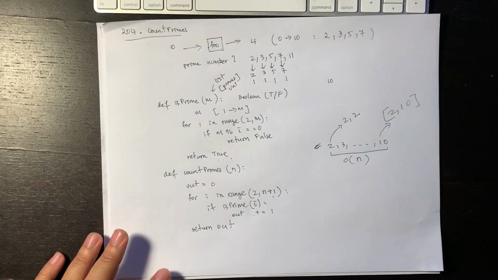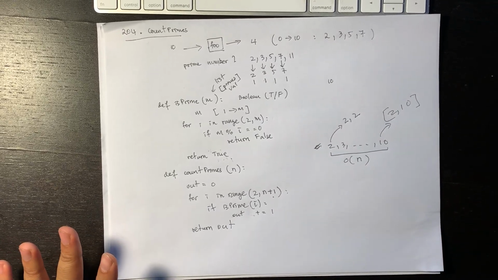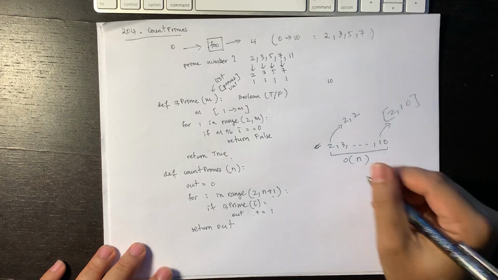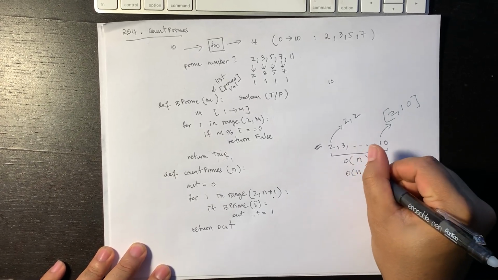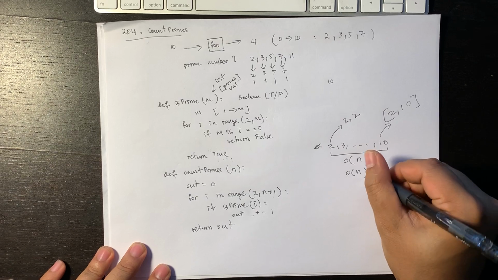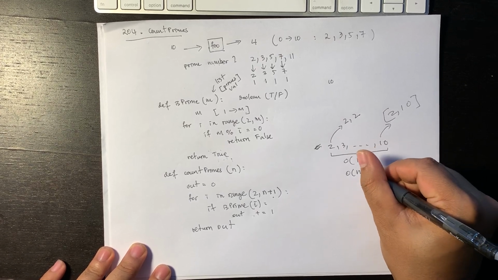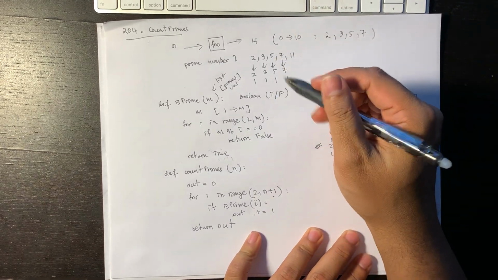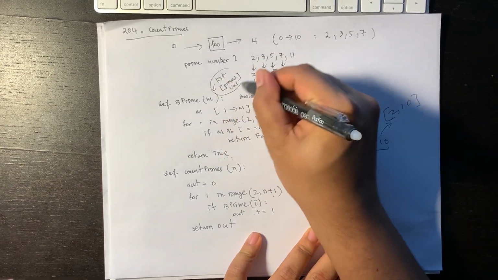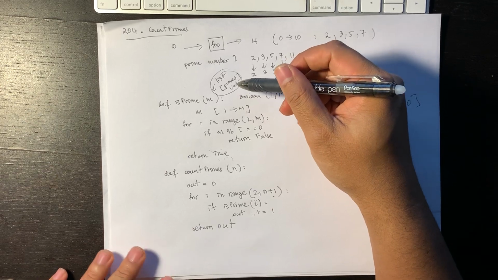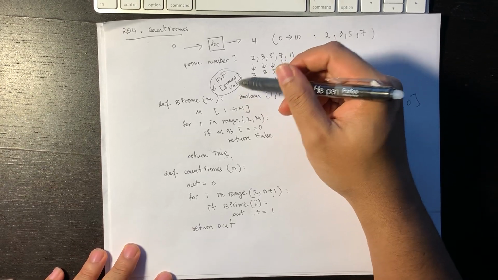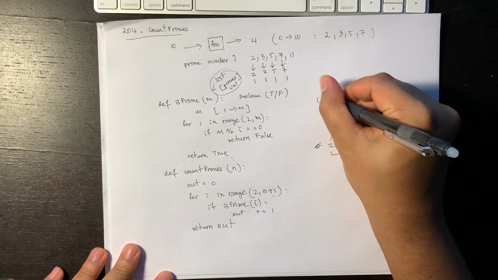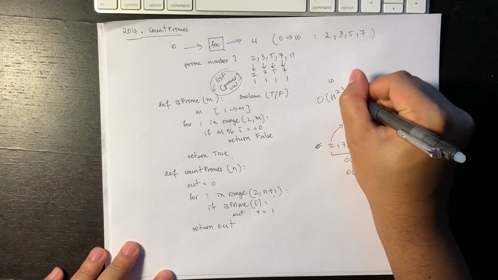In the case that we did not pass a list containing the prime numbers found so far, it would be O(n squared).